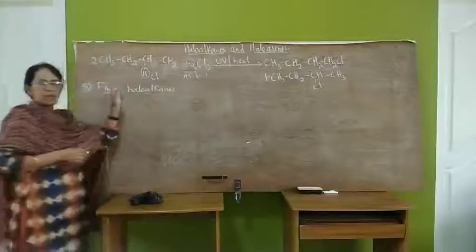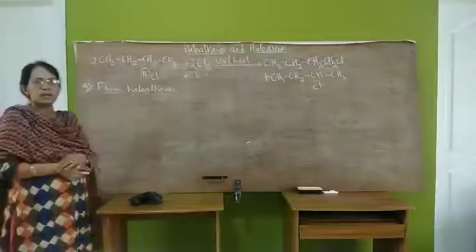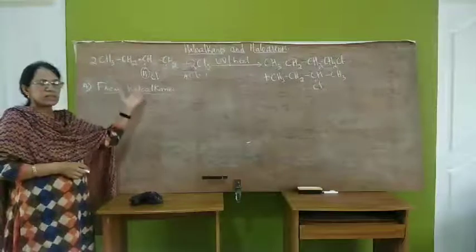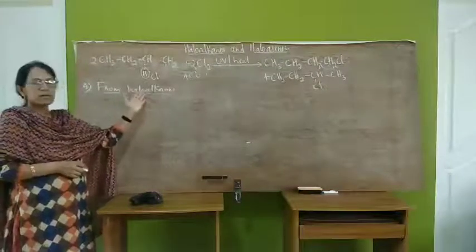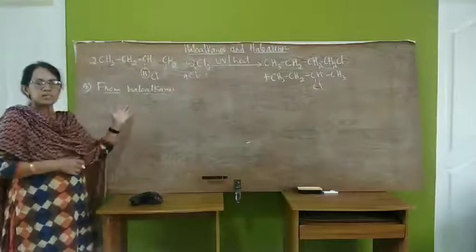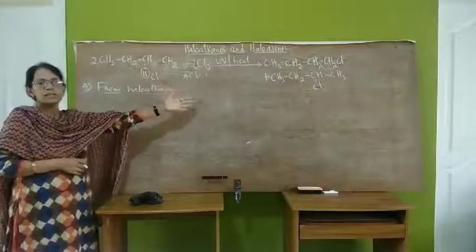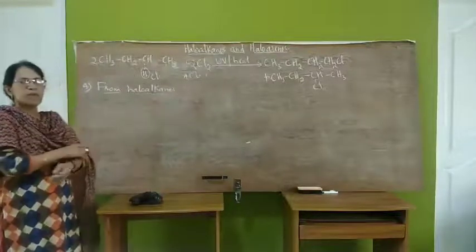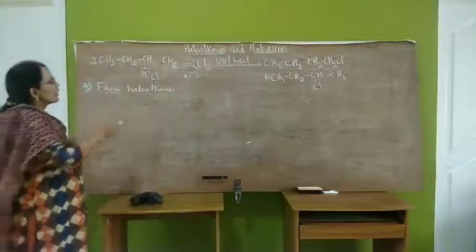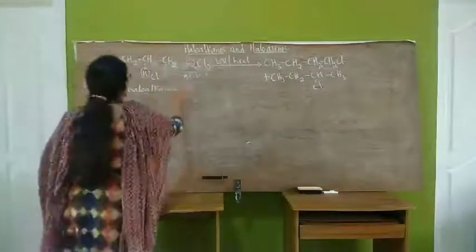Here we are preparing haloalkanes from haloalkanes. You might be thinking, haloalkanes, how from haloalkanes? Here the exchange of halogens takes place. By using one haloalkane, we can prepare another type of haloalkane. That is called halogen exchange reaction.